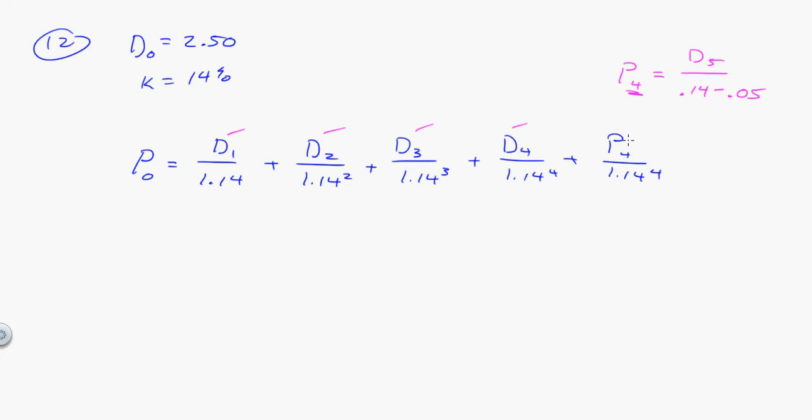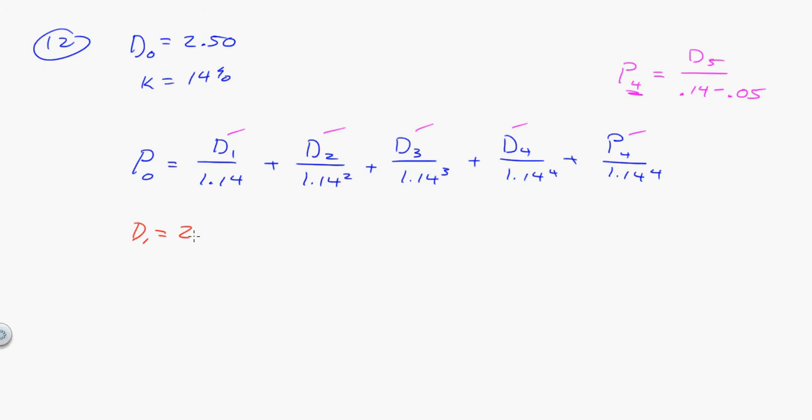If I take the present value of P4, that gives me the value today of all those dividends. Take that amount back to year 0 by dividing by 1.14 to the fourth, and we got it. Now all we have to do is find the numerators.